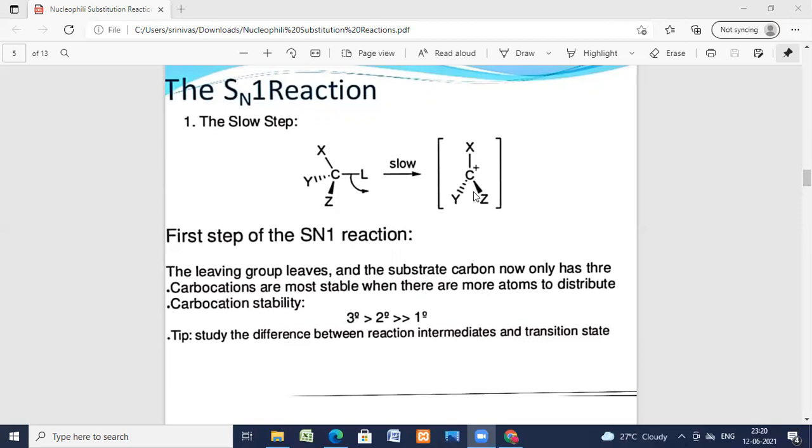So tertiary butyl bromide slowly forms tertiary butyl carbocation, and there is attack of the nucleophile on the carbocation, which takes place fast, and tertiary butanol is formed. The rate determining step is the ionization of tertiary halide.